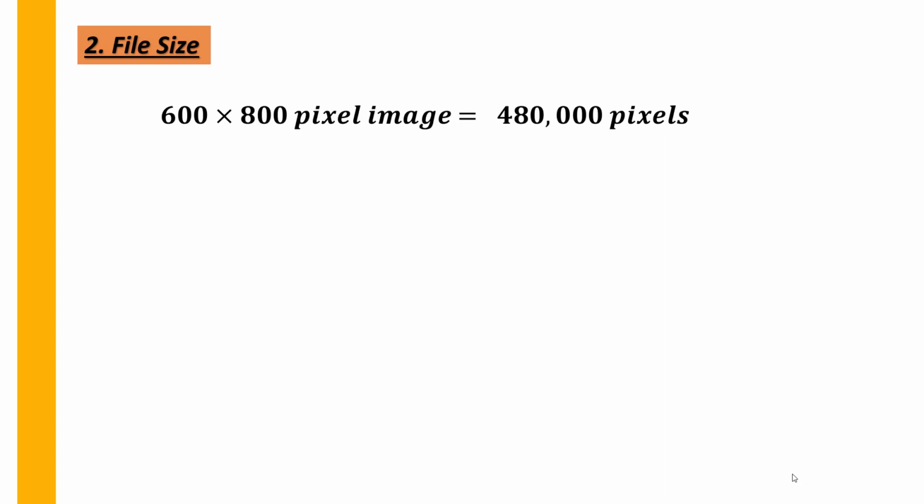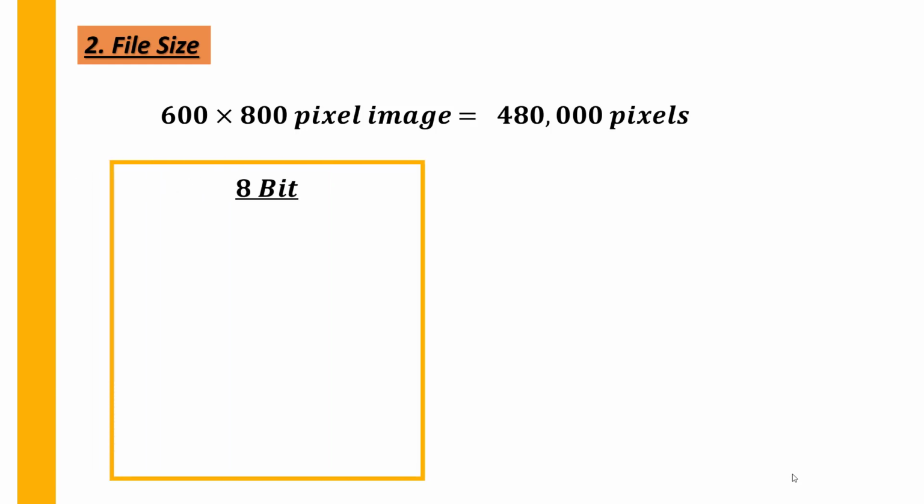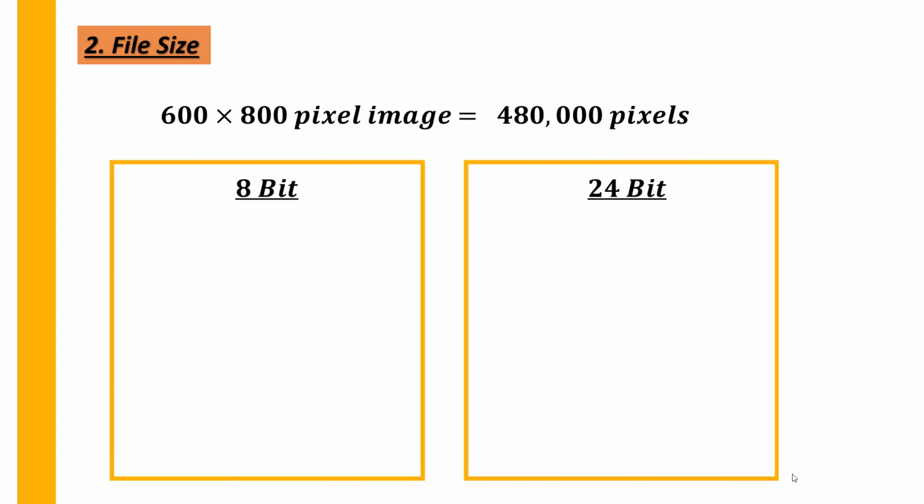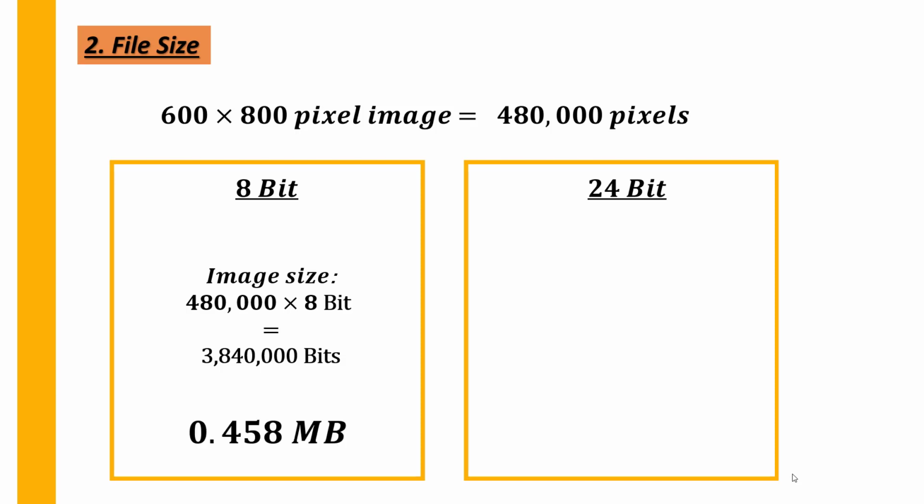Now, what about the effect of color depth on the file size? Suppose you have a 600 by 800 pixel image, or an image with 480,000 pixels. The color depth is 8-bit and 24-bit. For 8-bit, the image size is 480,000 times 8 bits, which is equal to 0.458 megabyte.